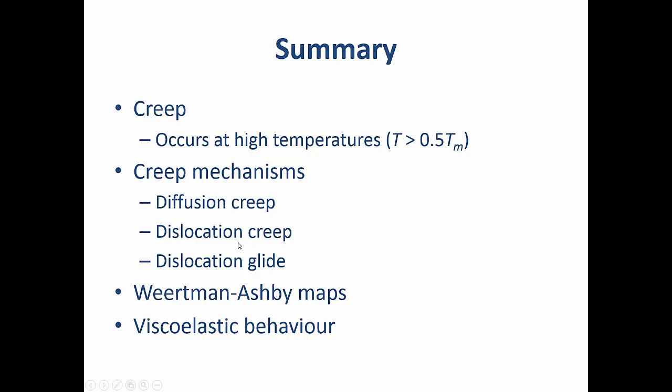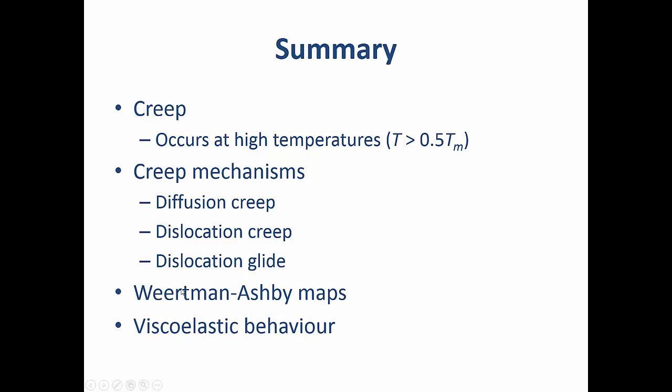Then as you go to higher temperatures you get dislocation creep, which also involves an element of diffusion, enabling dislocations to get past obstructions, and finally you get dislocation glide, which is essentially conventional deformation.